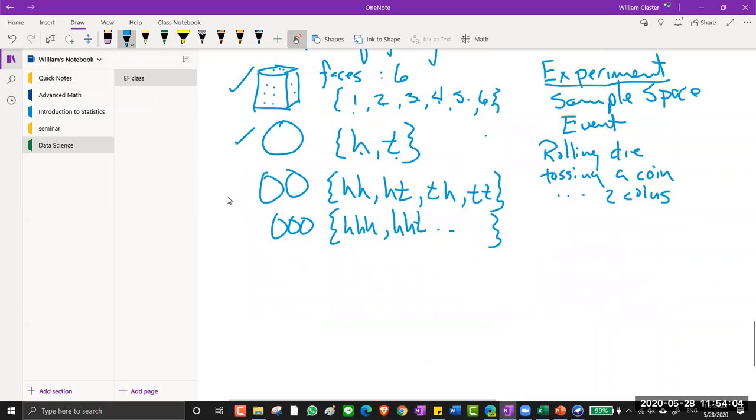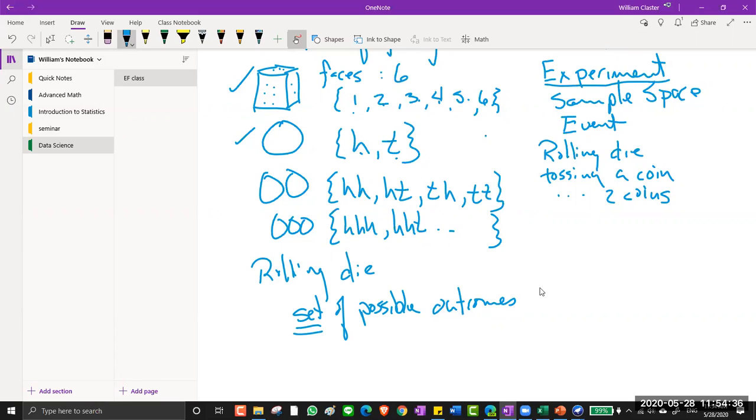Once we know what the experiment is, for example, once we know that we're rolling a die, then we can talk about what can happen when you roll the die. What is the set of possible, and this is where the Russian mathematician, I can't remember his name, sort of formalized these concepts of probability. He said, let's make sure that we think of it as a set. So the set of possible outcomes.